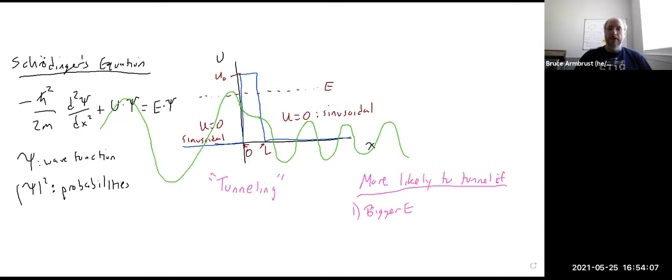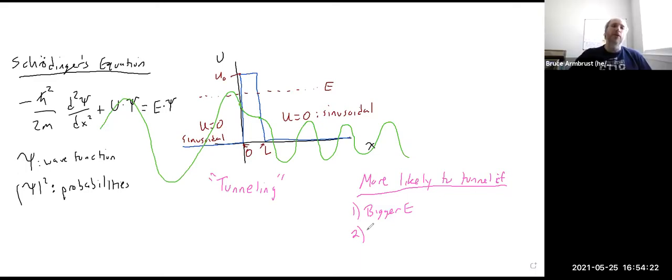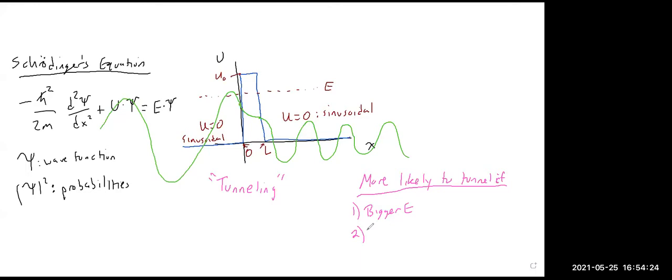All right, what else? What else could make it more likely to get past a barrier? If it was already in that barrier to begin with. Okay, that is definitely true. But let's go with, no, we're on one side, coming up to the barrier.